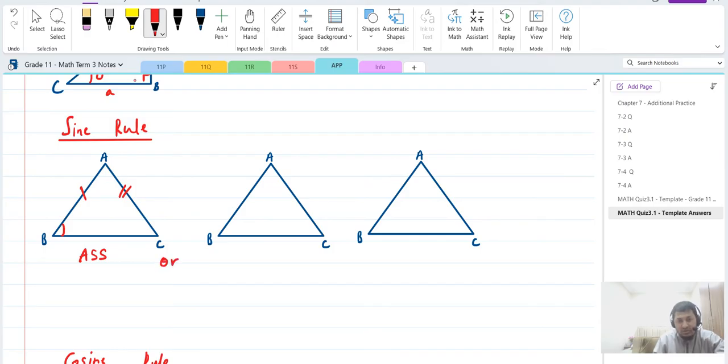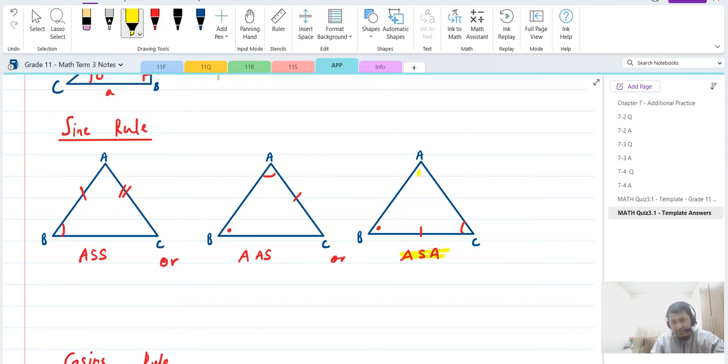Second condition, when we have angle, see the different marking, angle, side, angle. And the third condition, when we have angle, side, and then angle, side, angle. Usually in the third condition, what you need to do is find this angle here.